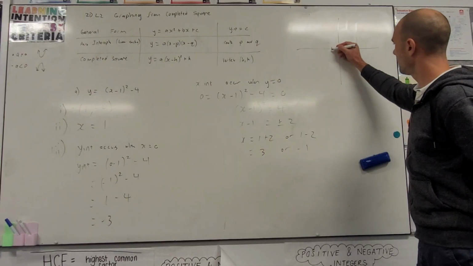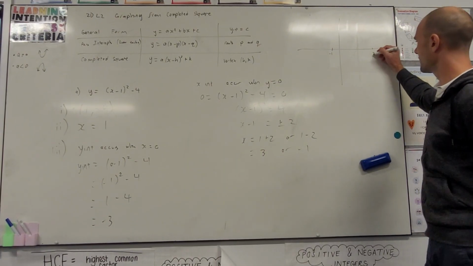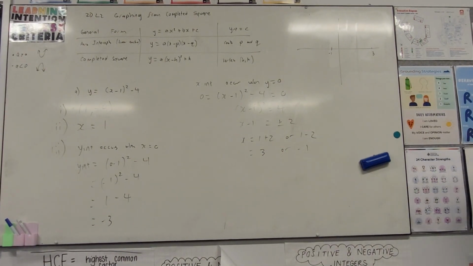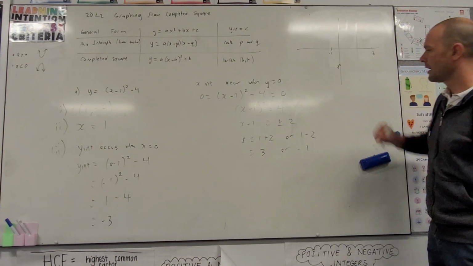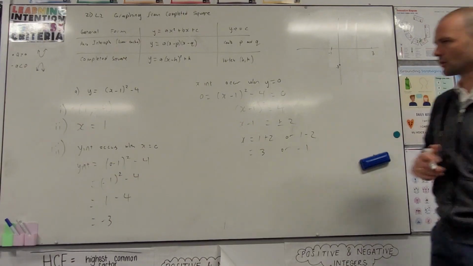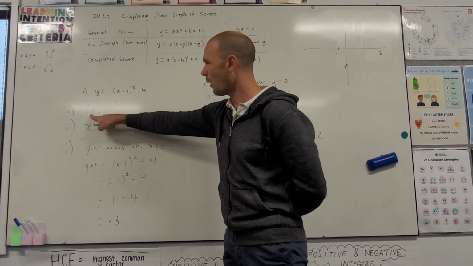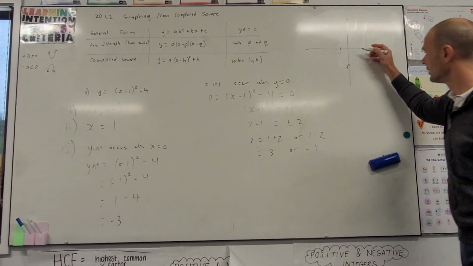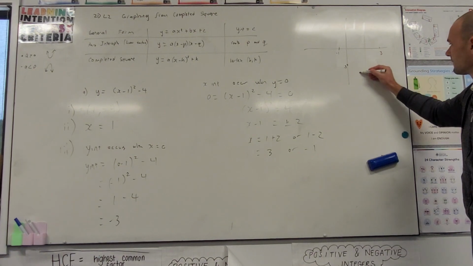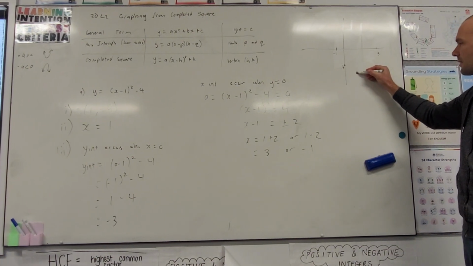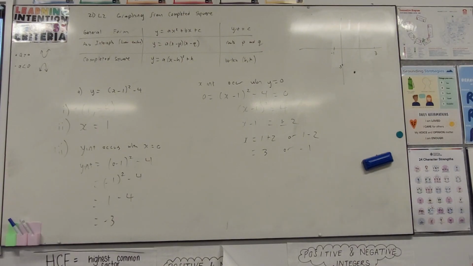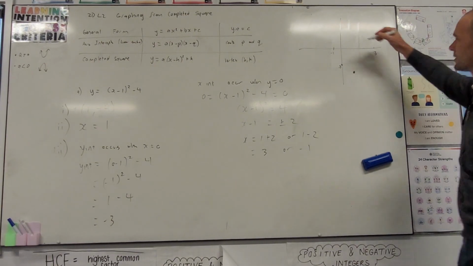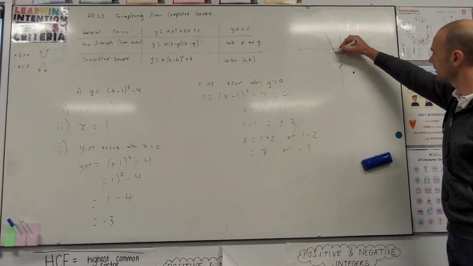So here's negative 1 and here's positive 3. We have a y-intercept of minus 3, that's going to go there. And we have a vertex, the coordinates of our vertex, x is 1, y is minus 4. So across 1, down 4, that's going to be about there, that's the coordinates of the vertex. And we have all of the features that the parabola is going to travel through. So it's going like this.